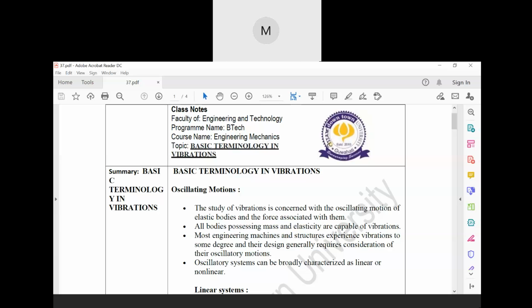All the bodies that have mass and elasticity are capable of vibrations. Most engineering machines and structures experience vibrations to some degree in their design, which generally requires consideration of their oscillatory motion. If you see heavy machinery or a heavy structure, every structure will exhibit some vibratory motion.